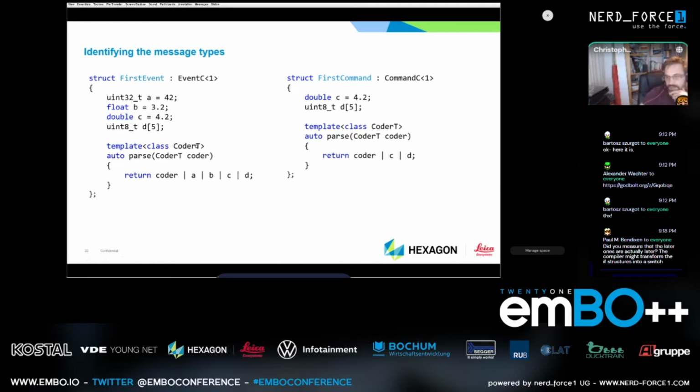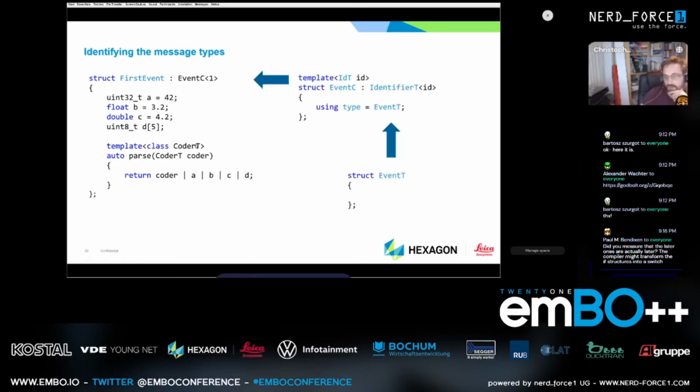Here we have our parse function. So actually this is quite easy. The event and the command are the same. They now inherit from the identifier type, so we get the ID again, and we're just using the type tag of an event T, which is an empty struct, just so that we can identify if it's of type event or of type command. Also this will not bloat our events because these are actually empty classes.